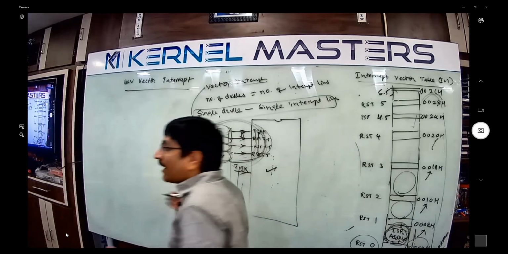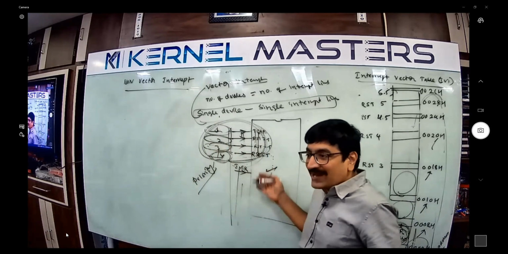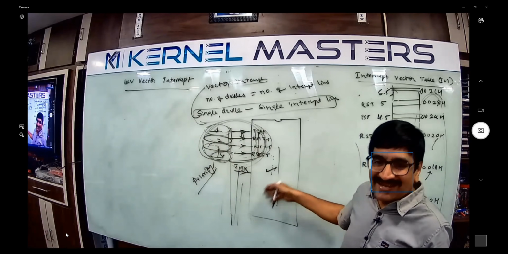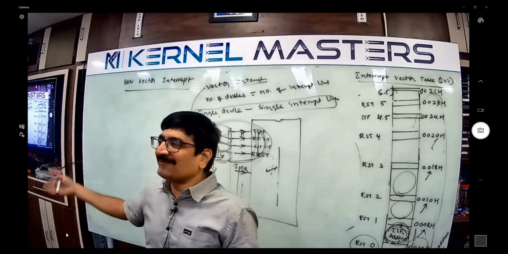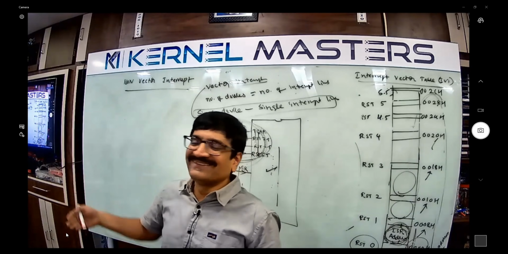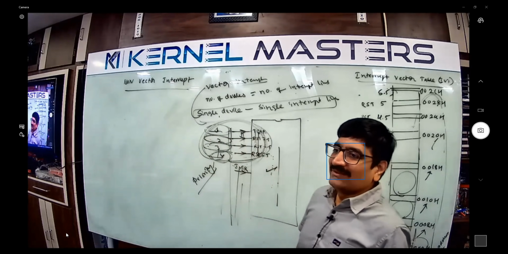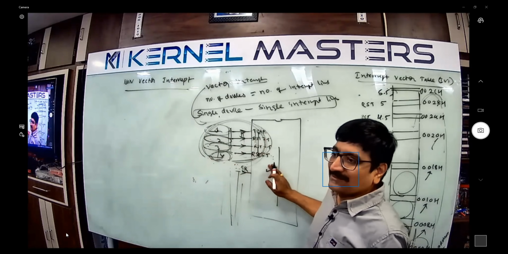Then the microprocessor must find out which has the higher priority. That is an unnecessary extra job, because the actual task was execution of instructions. So we need to reduce the burden of the microprocessor.